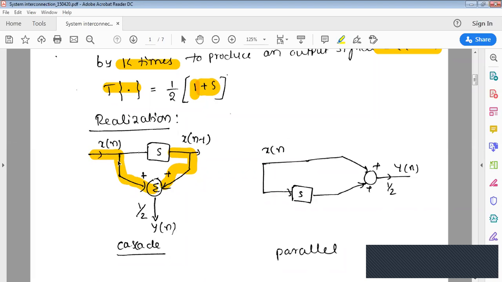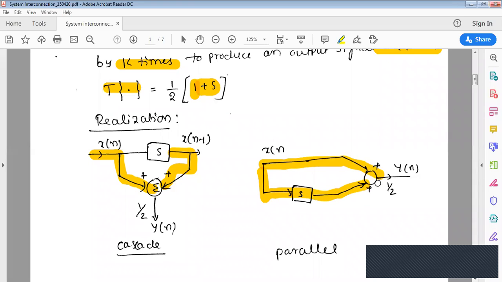So you have x of n, and also x of n goes through s to get x of n minus 1, to get y of n. That is the cascade representation. There is one more representation available, known as parallel representation. So what you do is, x of n goes to the output, and the same x of n is sent to s, and that will become x of n minus 1. So there are two different paths: x of n directly, and the same x of n sent via s, which gives me x of n minus 1.